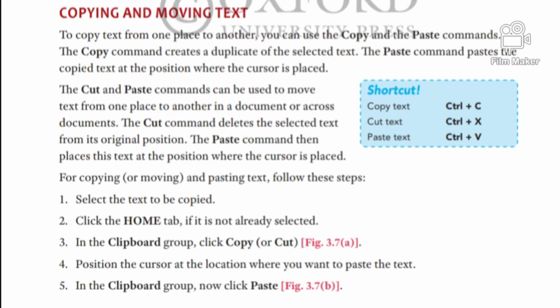Okay, the cut command deletes the selected text from its original position. And what does the cut command do? It deletes the text from the original position because you have cut it. Okay, the paste command then places the text at the position where the cursor is placed. And what does the paste command do? It places the text where the cursor is placed. Okay, so this is the rule.